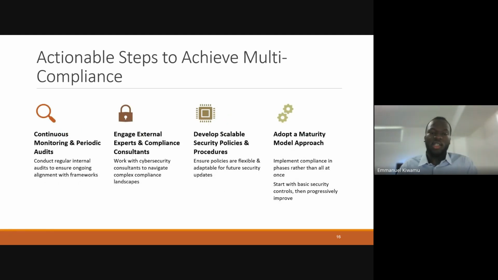In addition, in some situations where organizations cannot handle this process, you could engage external experts, companies like Deloitte and PwC, that render services to organizations that need to comply with information security standards. And finally, we recommend that organizations adopt a maturity model approach, which helps you start with basic security controls and progressively improve those controls, and overall you get a better cybersecurity posture.